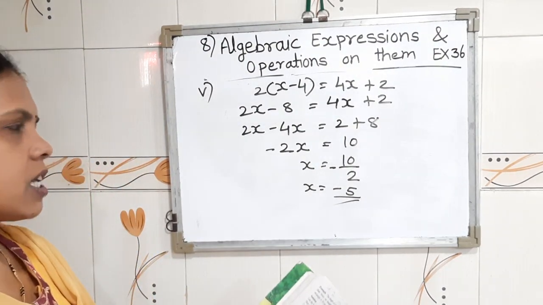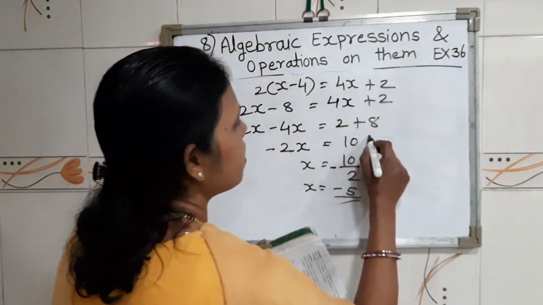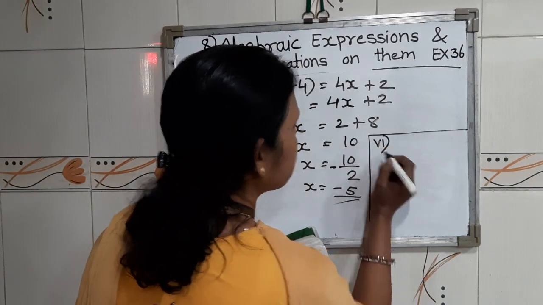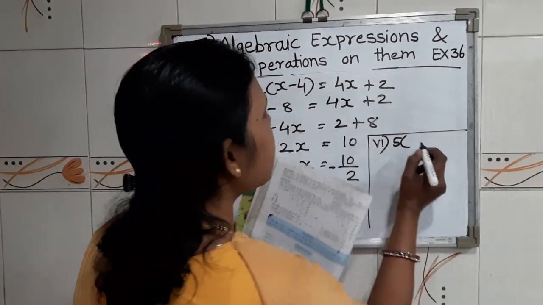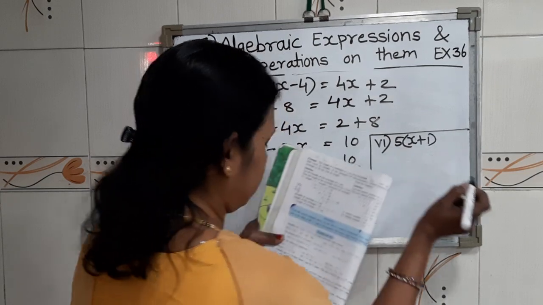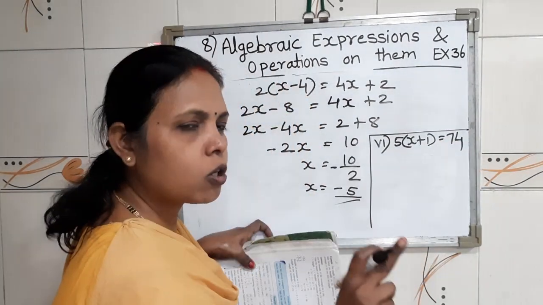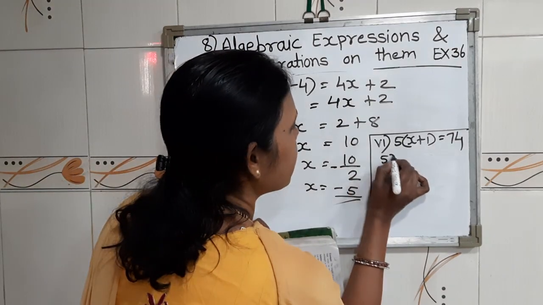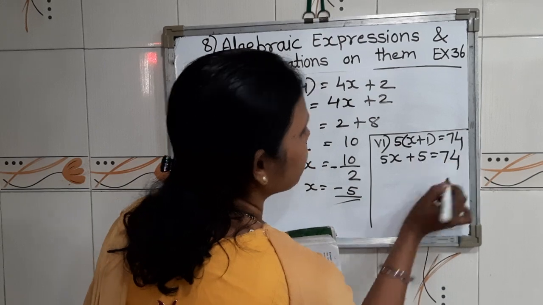Now question number 6th. 6th is also same only. For example, question number 6th. 6th one, 5(x plus 1) equal to 74. First what you will do? Remove the bracket. 5 into x, 5x plus 5 equal to 74.